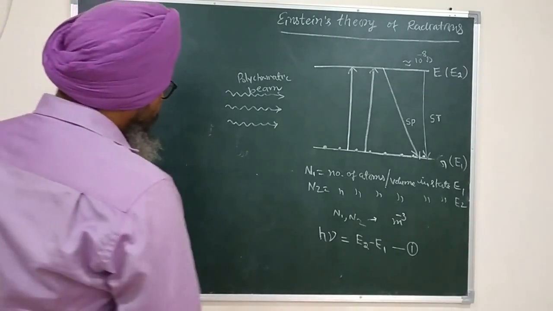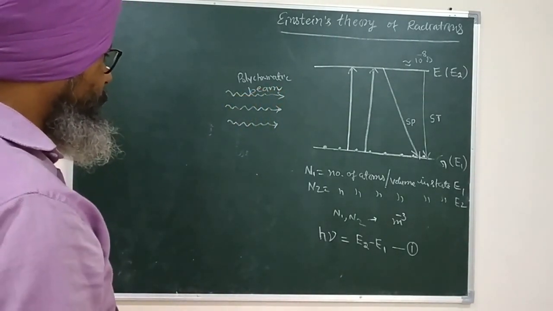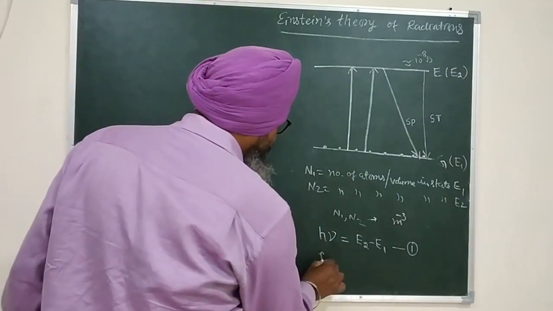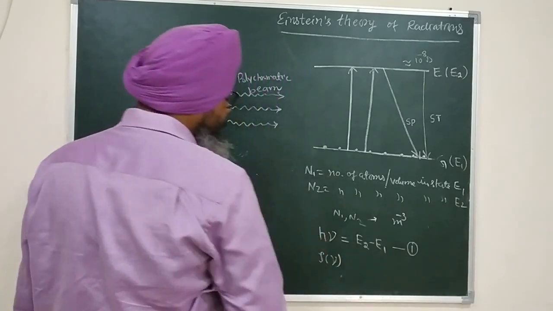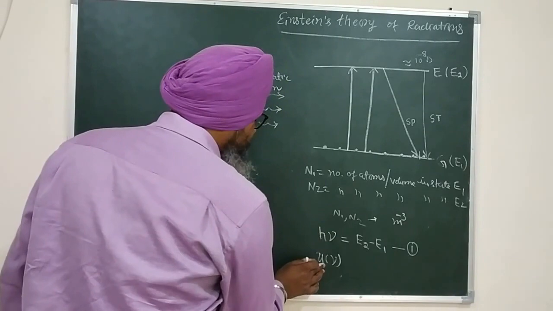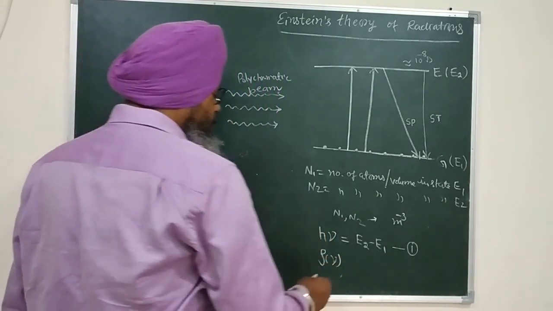Since this beam which is incident on the material is polychromatic, I would define a new parameter, that is rho nu. Some books write it as u nu, but I would rather use rho nu. So what is this?